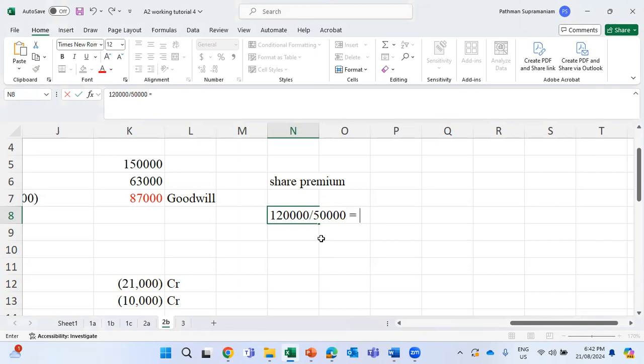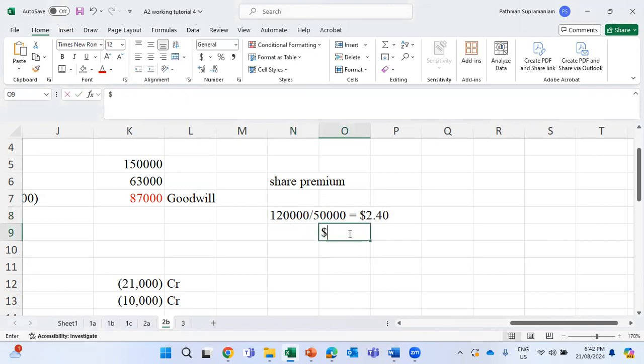So each share is worth $2.40. But not forgetting the nominal value was $1. So we need to split the $2.40 into $1 nominal and $1.40 premium.